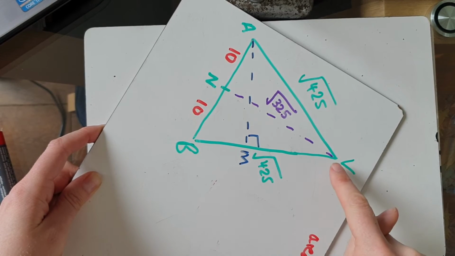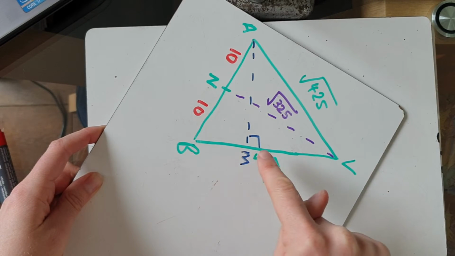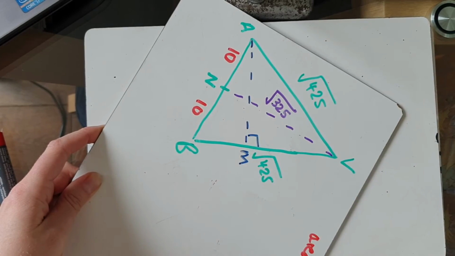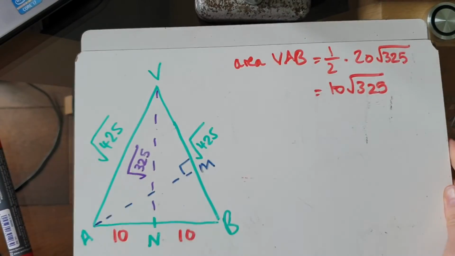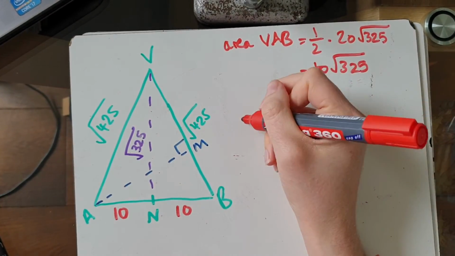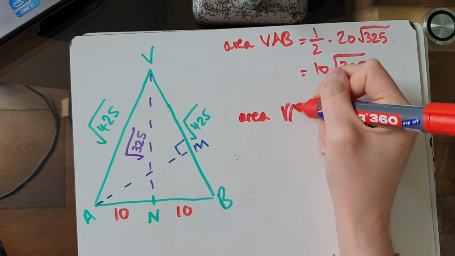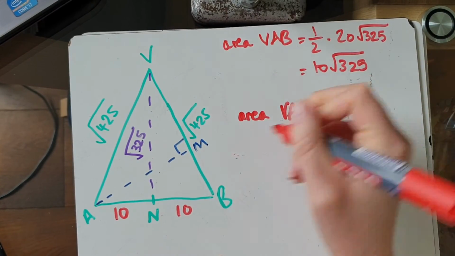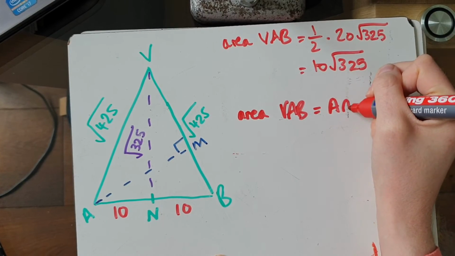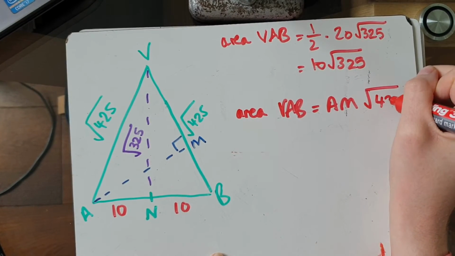So the area should be root 425 times AM. So I'm going to write that down. The area of VAB should be AM times root 425.